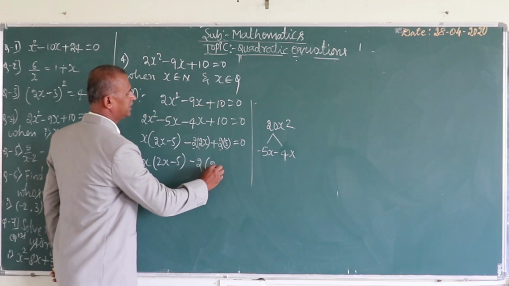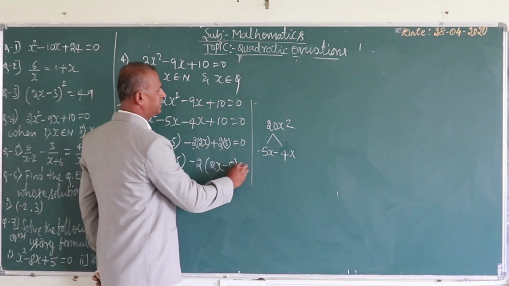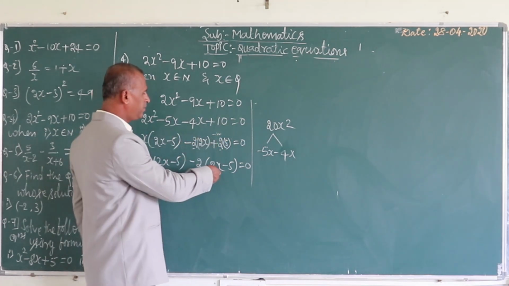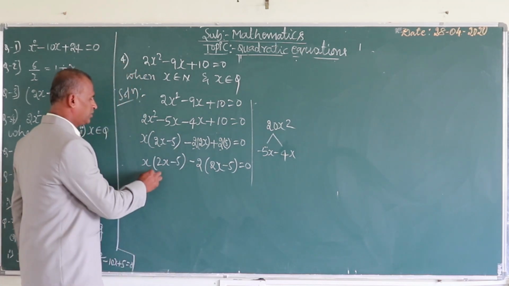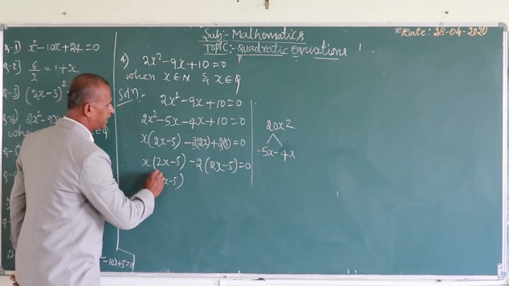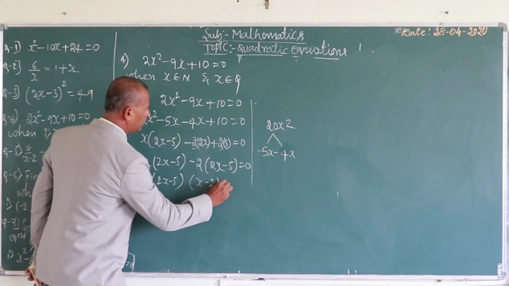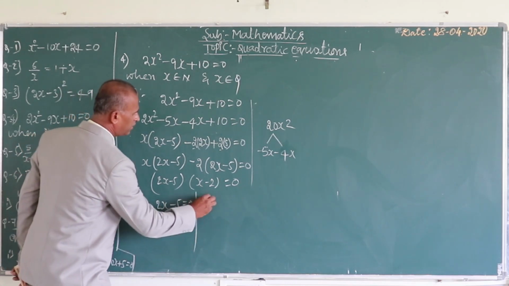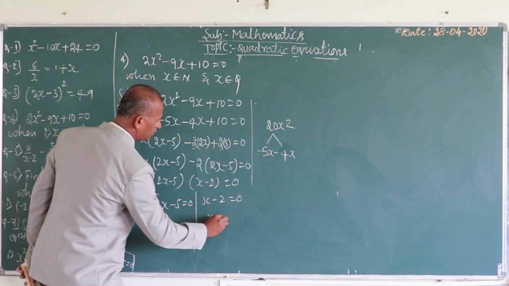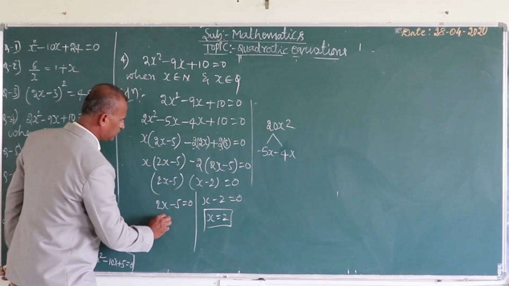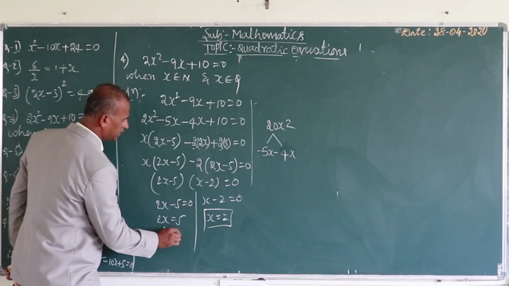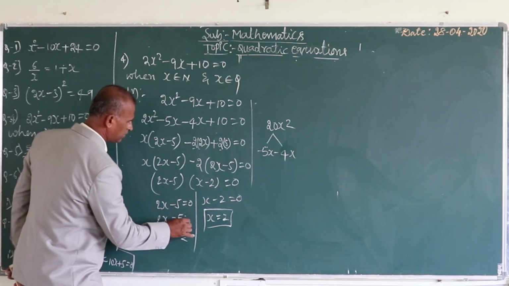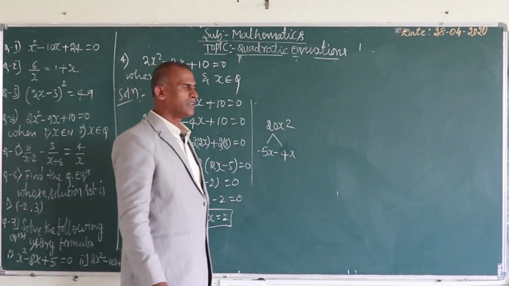The minus into minus becomes plus, so one more minus remains here. That is the procedure. If you take 2x minus 5 common, it means x minus 2 equals 0. Here 2x minus 5 equals 0, x minus 2 equals 0, x is equal to 2, 2x is equal to 5, x is equal to 5 by 2. That is all the answer.